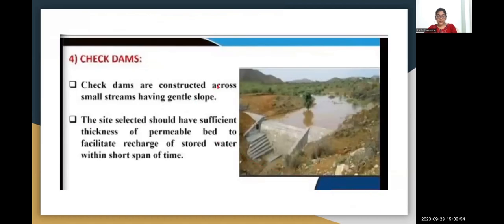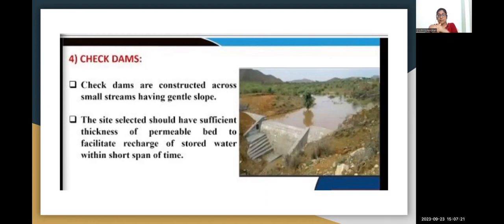Then there are check dams. Check dams are built on small streams having gentle slope, that is, the slopes are not very steep. Check dams are small dam-like structures, concrete or earthen, constructed across these streams, and they help in blocking water.